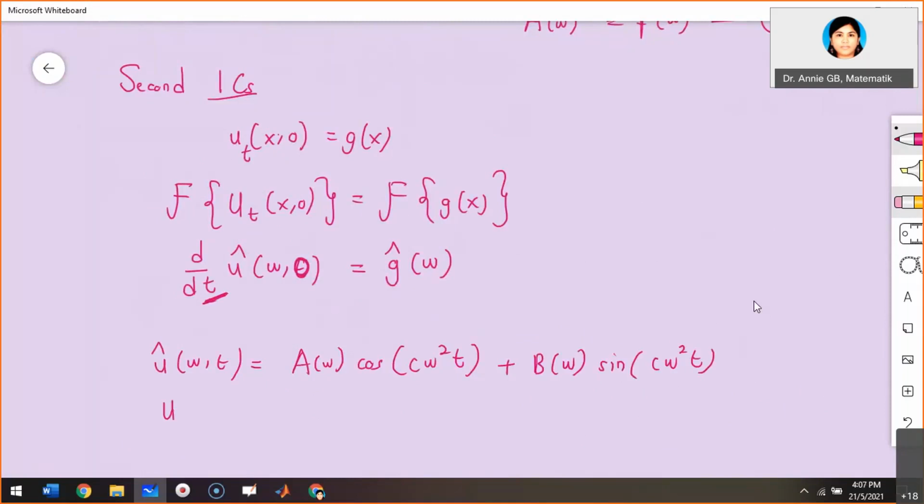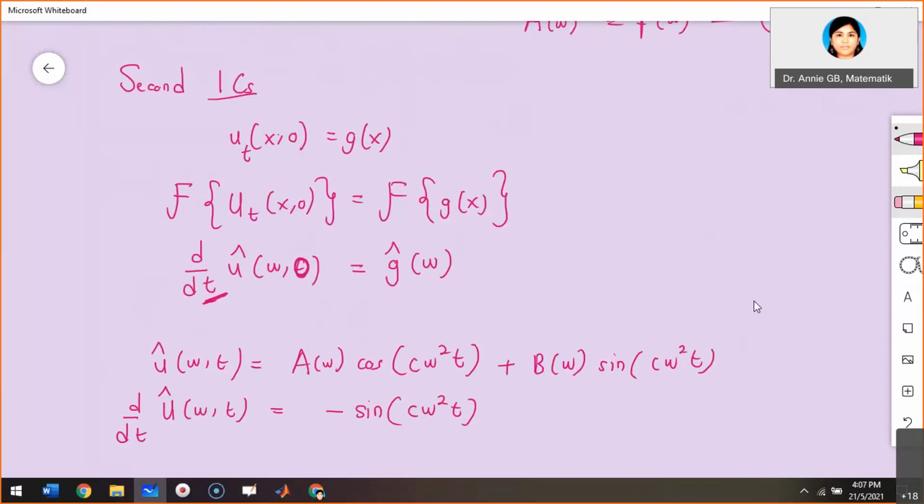So saya nak ambil d over dt u hat (omega, t). Maksudnya saya nak ambil derivative respect to time. What do you get? Respect to time. Okay, A ni constant tapi differentiate cos will give me negative sin. Negative sin (C omega squared t). Differentiate dalam ni respect to t, C omega squared.